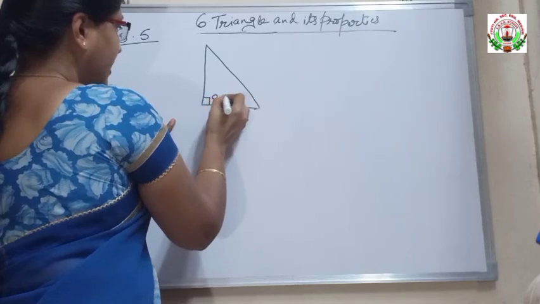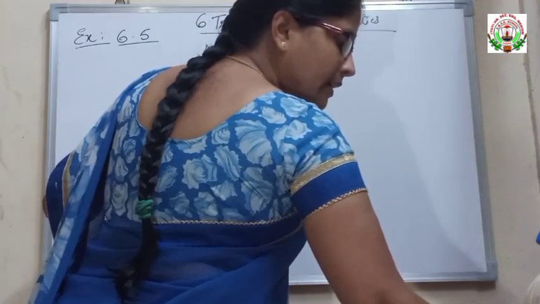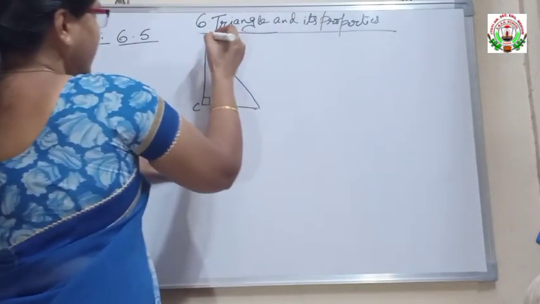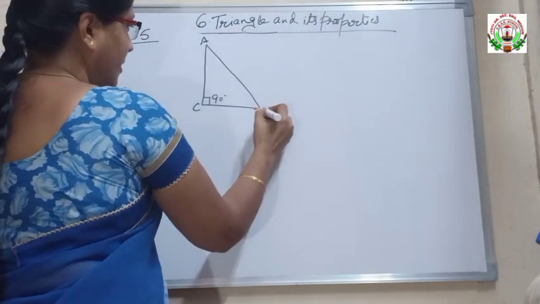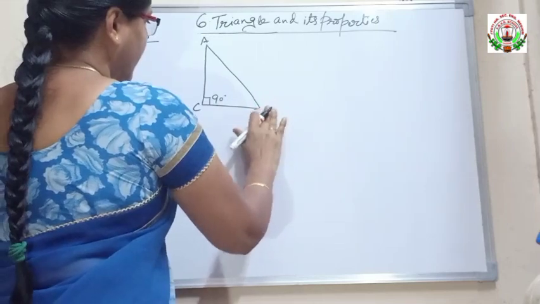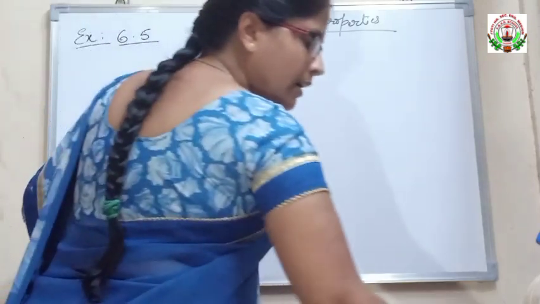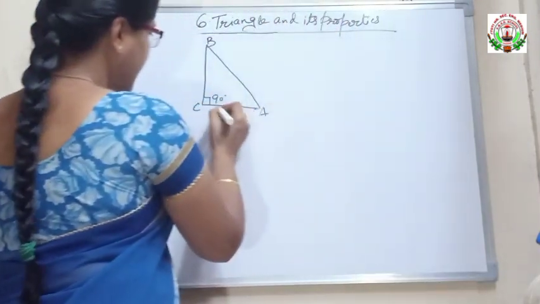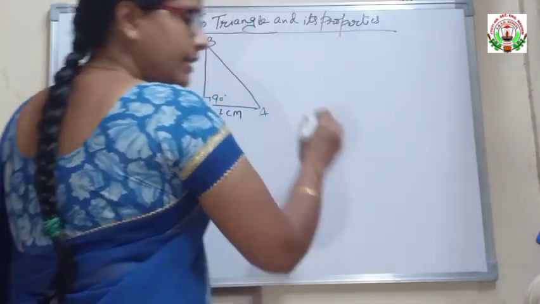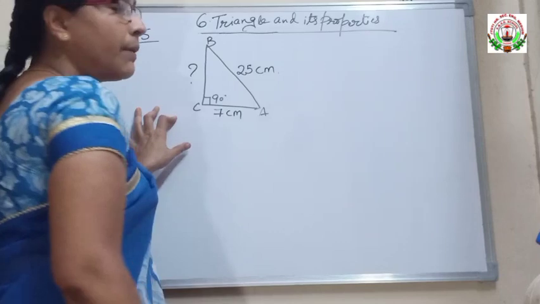Here it is 90 degrees and they are telling it is C. So C here, then A, B and C. They have given AC as 7 centimeters, next AB as 25 centimeters, and you have to find this perpendicular.